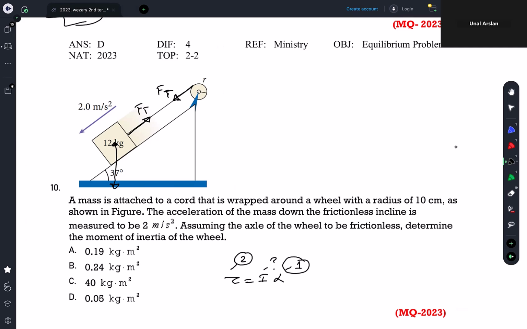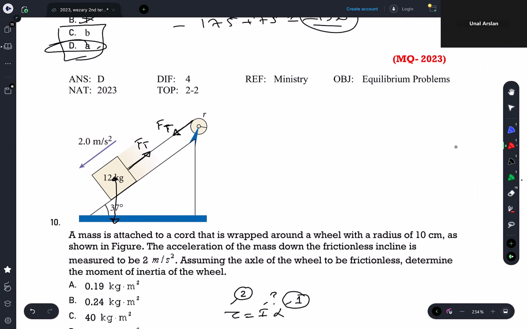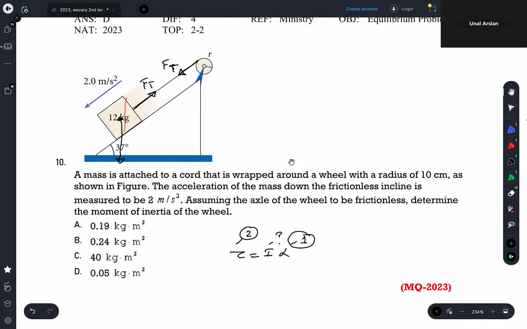So the forces acting on this mass: one of them is the gravitational force. So Fg, let me draw it in green. Fg is acting downward, toward the ground.